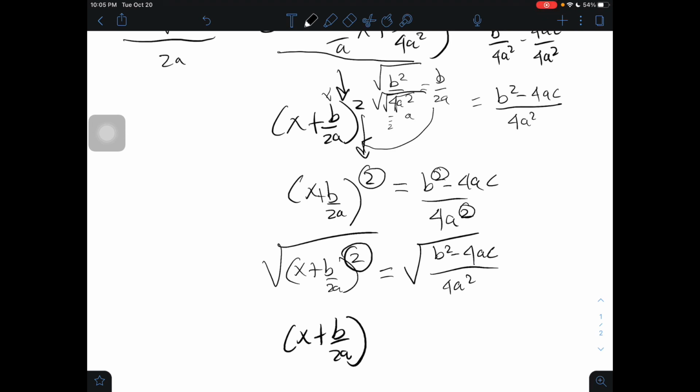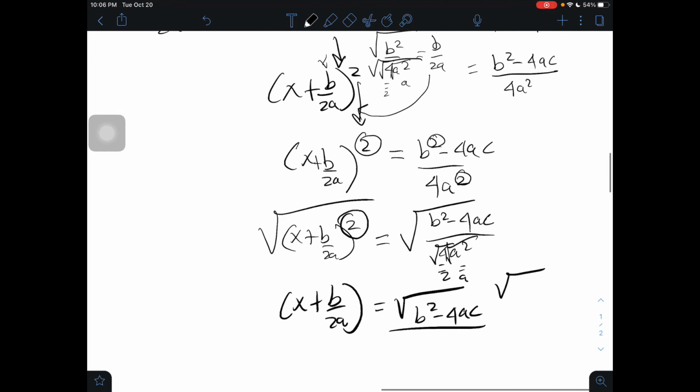We're just getting rid of this squared. Then we take the square root of our right side, which leaves us with the square root of b squared minus 4ac. And the square root of 4 is equal to 2, the square root of a squared is equal to a, so our denominator comes out to 2a.